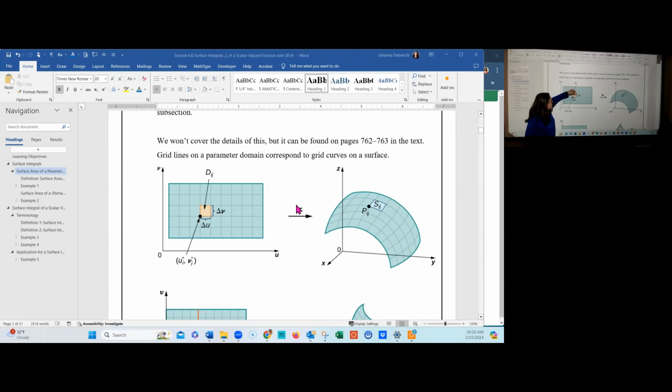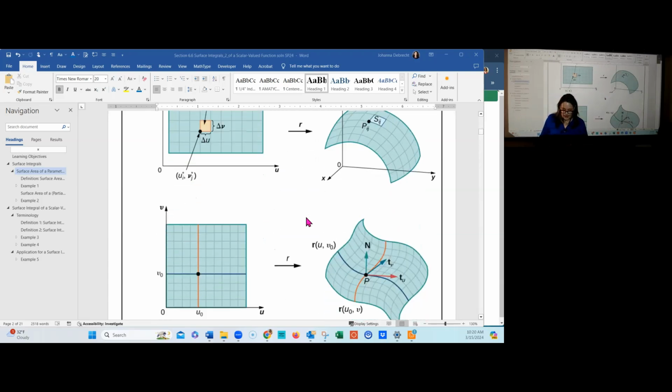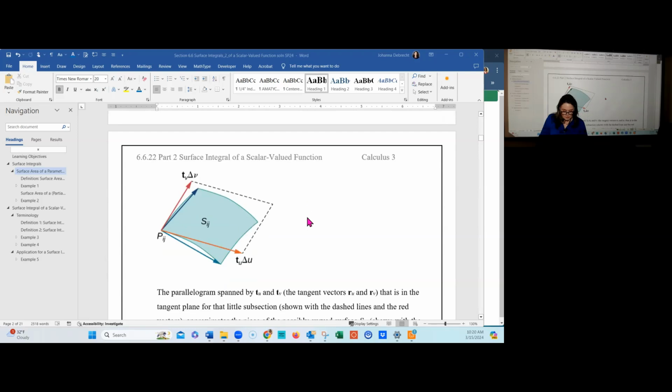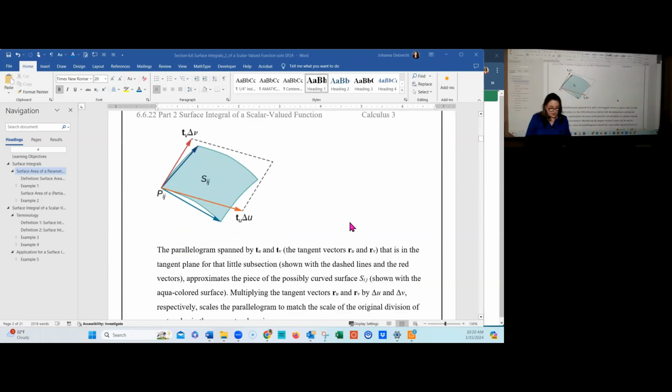So I'm taking this orange square, which on the surface is S sub ij, and S sub ij curves, but it's very close to that section of the tangent plane lying above it at point P sub ij.